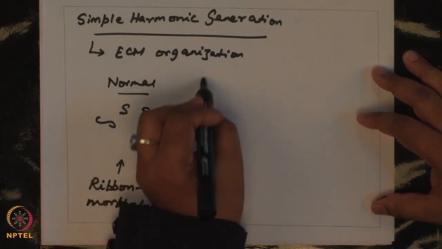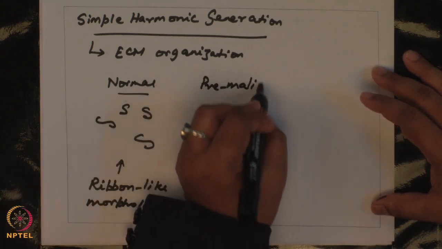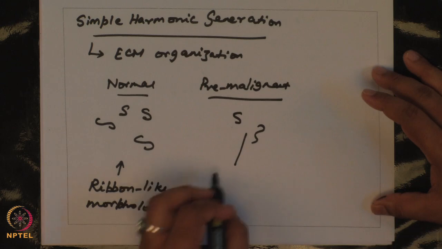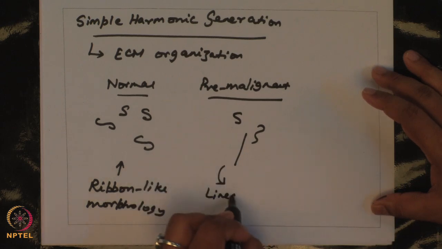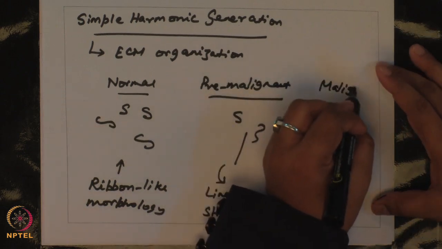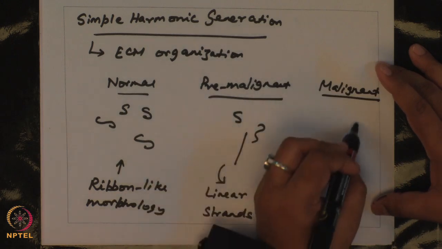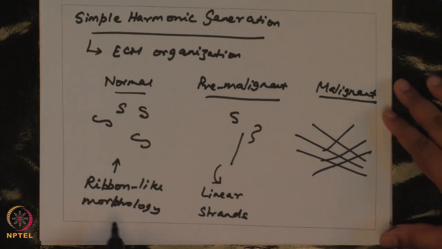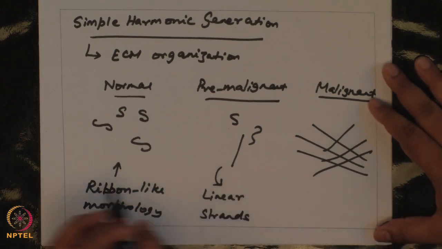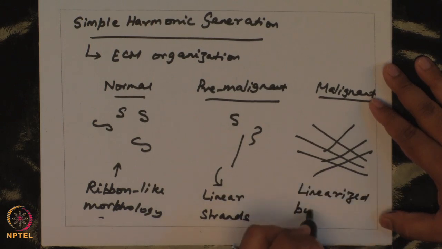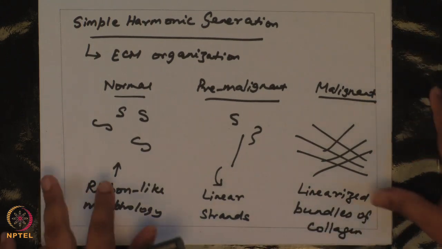In pre-malignant, you had these ribbons, but you also had these linear strands. And in malignant, you had these cross-linked, very linearized bundles. So, you had linearized bundles.